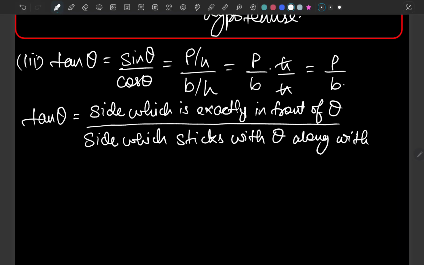Although it's not a bookish definition, it's a definition made by me right now, just to make you understand.